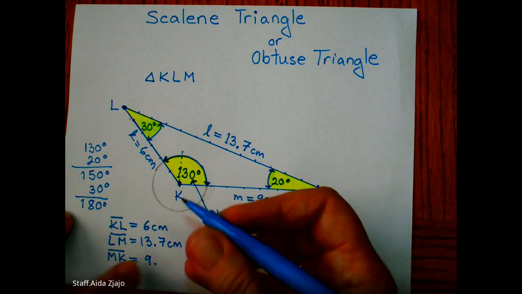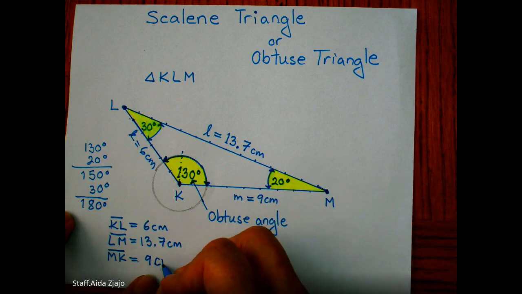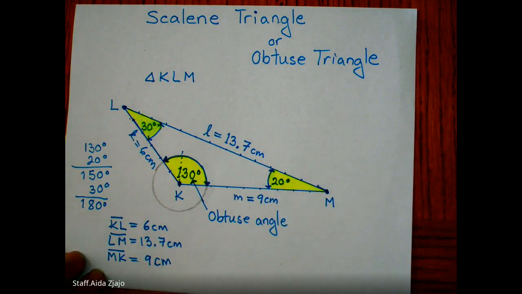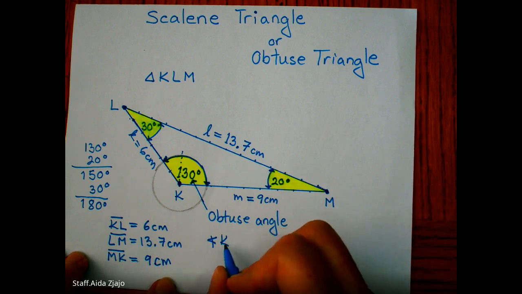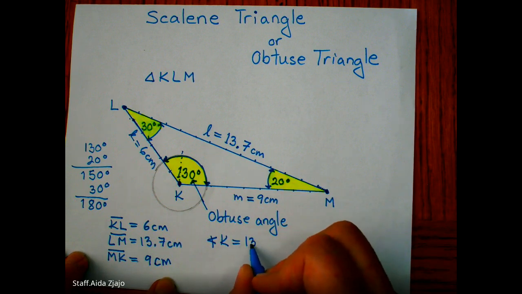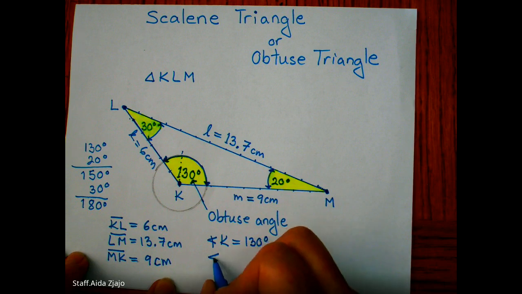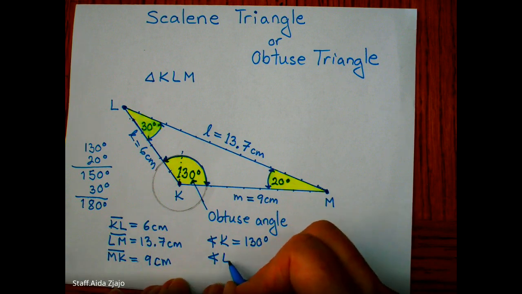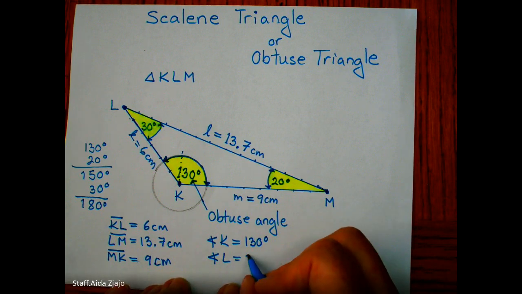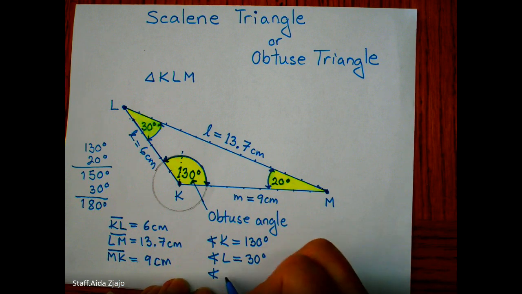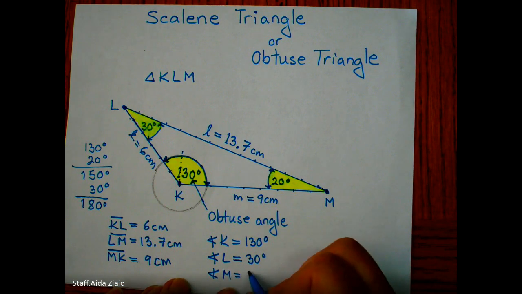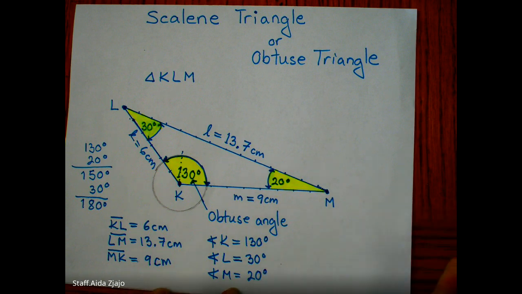We can also label angles. Angle K is equal to 130 degrees. Angle L is equal to 30 degrees. And angle M is equal to 20 degrees.